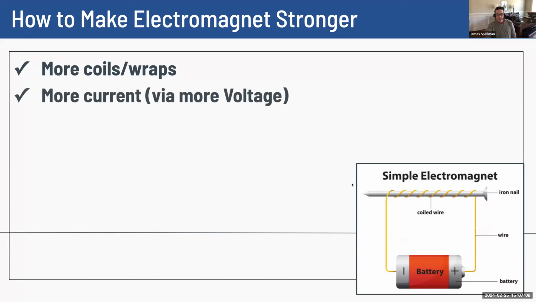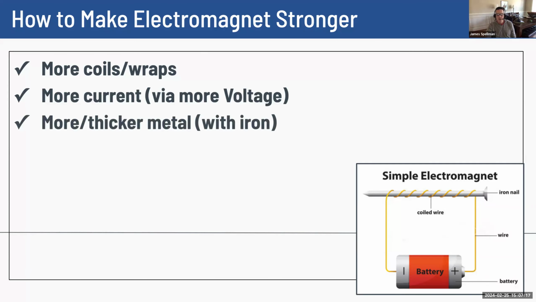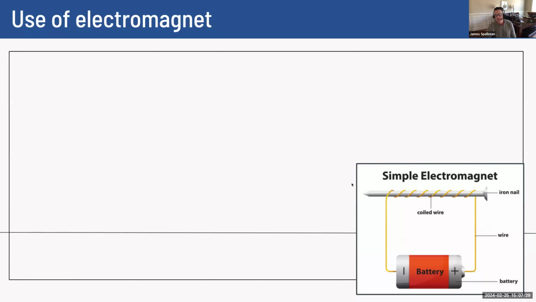If we up the voltage in the battery, that should up the current through the wire, and that's going to make things a little bit stronger as well. Additionally, if we have more iron available to us, like with a thicker nail or a thicker piece of metal, there's going to be more domains to align, and that should also give us a stronger magnet with that.